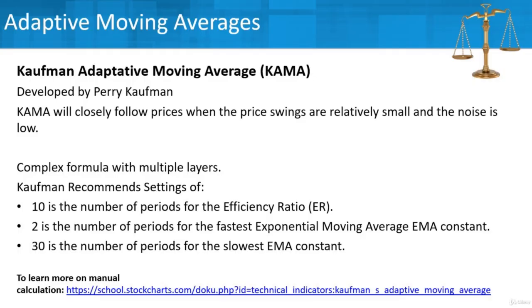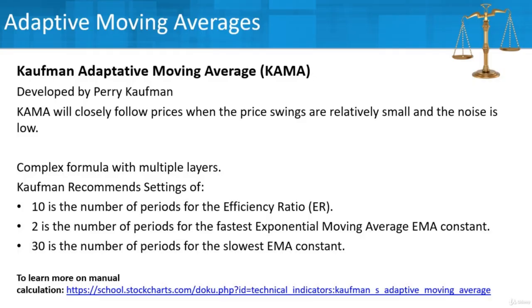It's got a complex formula, with multiple layers, and they have some recommended settings. Sometimes you can change the settings, but they recommend 10 as the number of periods, 2 as the number of periods for an EMA constant, and 30 as the number of periods for a slower EMA constant. Those would be the traditional numbers you'd enter: 10, 2, and 30. If you choose a Kaufman moving average in your platform, it'll prompt you for that.